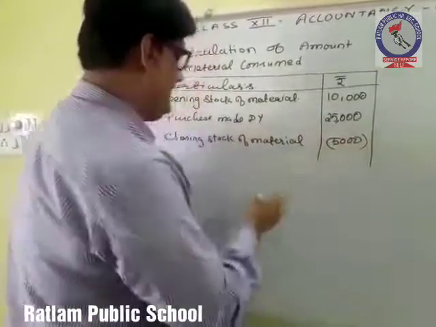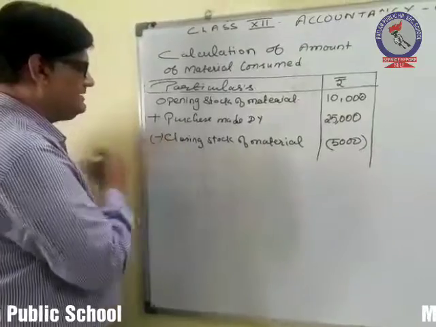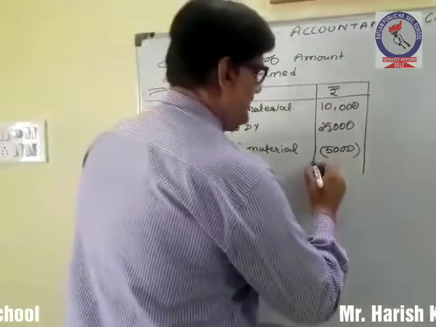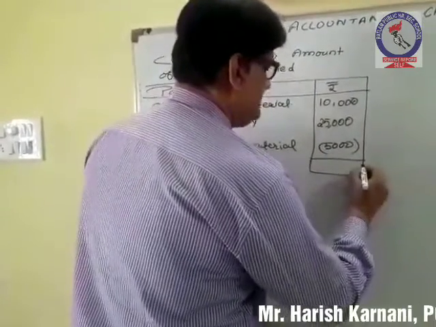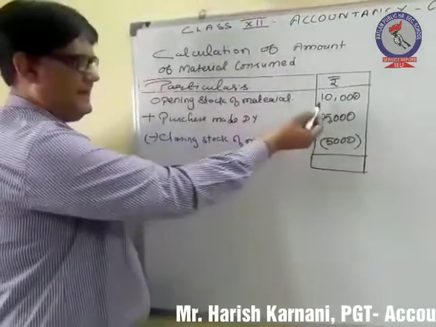So whatever is remaining at the end will be subtracted, and the total amount of material which we have consumed during the year becomes like this.